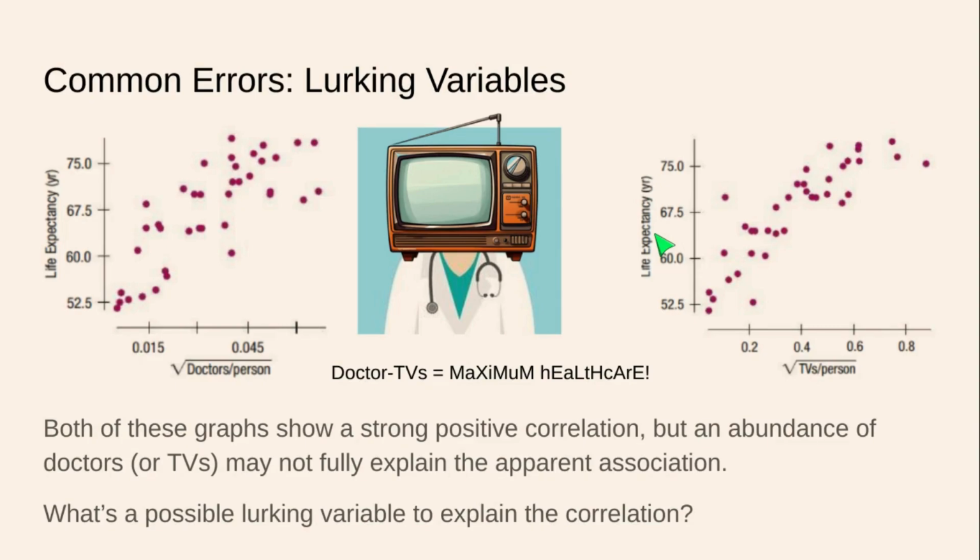If you have more money in your country, there's going to be a higher proportion of TVs per person. And life expectancy may be improved because of the doctors or because of something that we're not studying. Okay? So there may be more than one lurking variable, but the one that comes to mind immediately for me is money, and that is a common lurking variable.